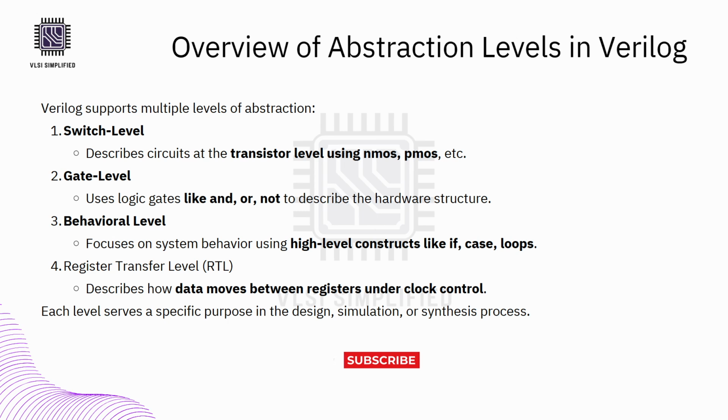This is where you describe how data flows between registers under the influence of a clock. It is the most widely used abstraction level in real world designs and it is synthesizable into actual hardware. In the next slides, we will go through each of these levels in detail along with examples for the same design, so you can see how the approach changes at each level.